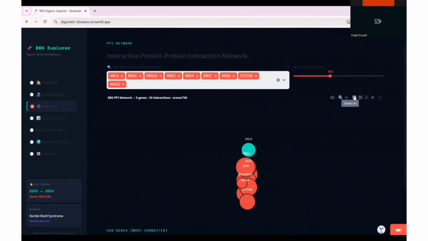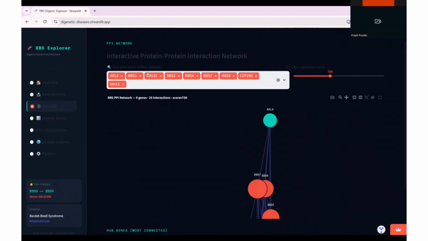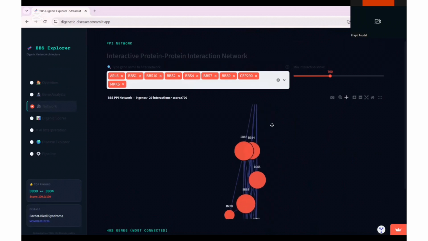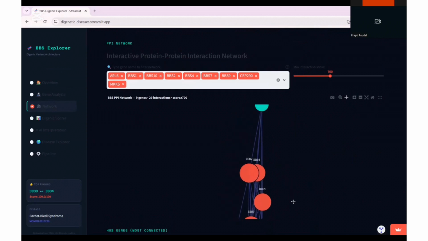If we look at the topology immediately, there is a dense, highly connected core. These are the BBSome structural proteins. So we can even see how the protein interactions change by removing or adding any other kind of genes like this.